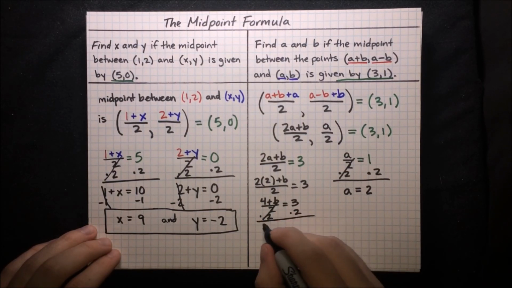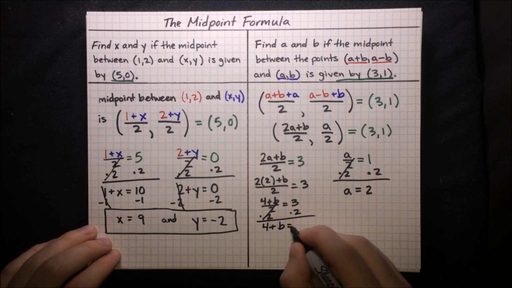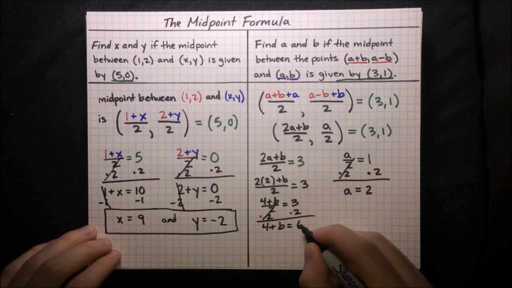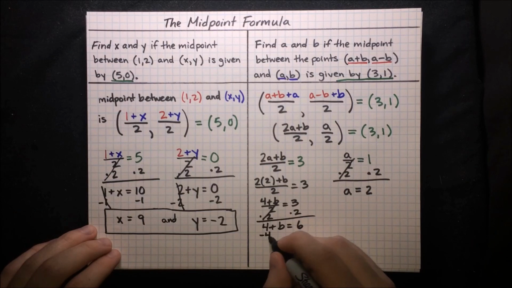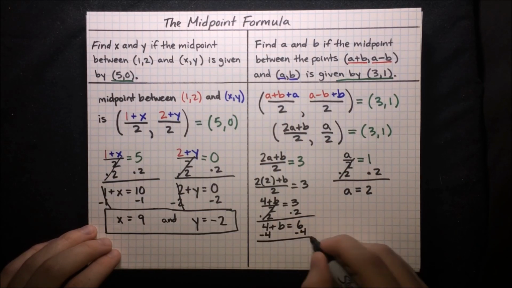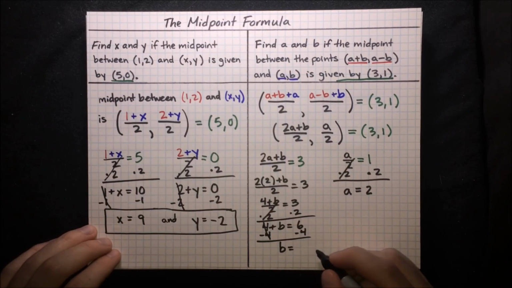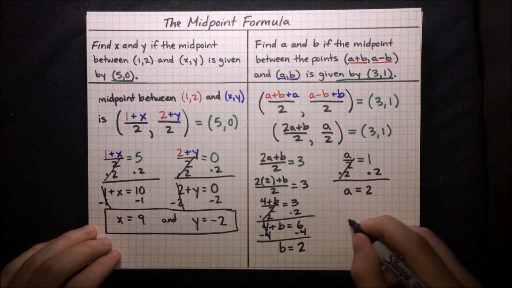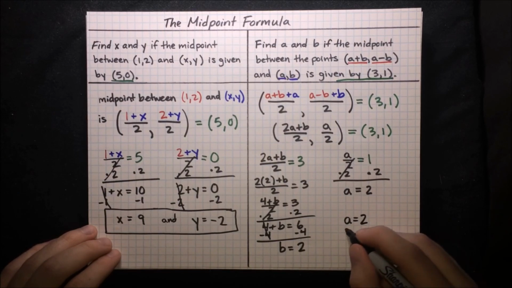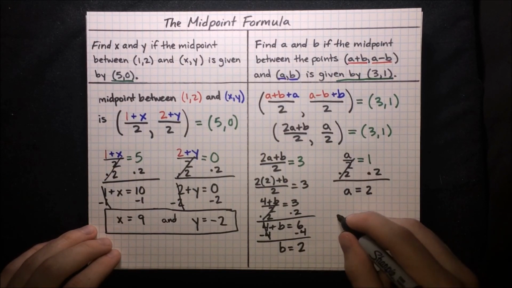We do that, and we have 4 plus b is equal to 3 times 2, which is 6. And then subtract 4 to get b alone, subtract 4 from both sides, and we just have b equals 6 minus 4, which is 2. So our general solution then is a equals 2 and b also equals 2.